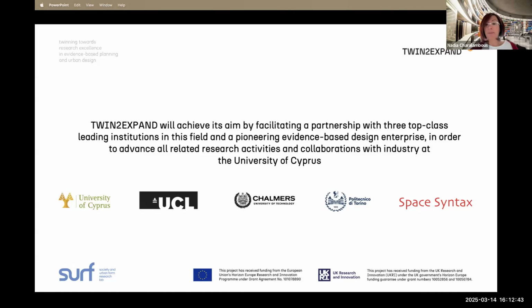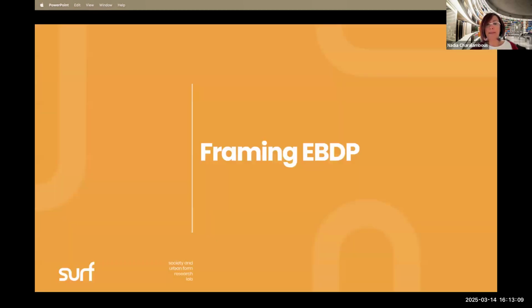It also includes a pioneering evidence-based design enterprise, which is Space Syntax, and UCY, the SERF Lab within UCY. So in collaboration, the aim is to learn together, but also to be able to disseminate and translate research knowledge produced through this project and other projects to the wider society and to relevant stakeholders.